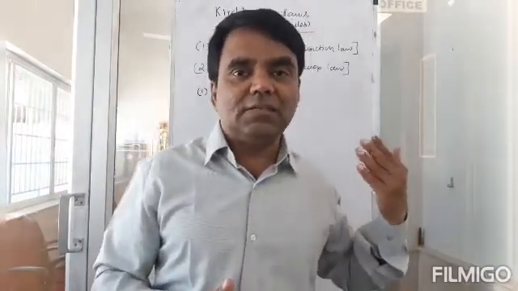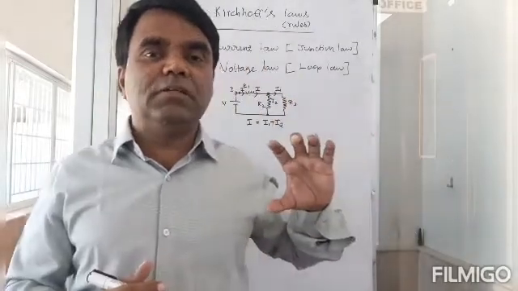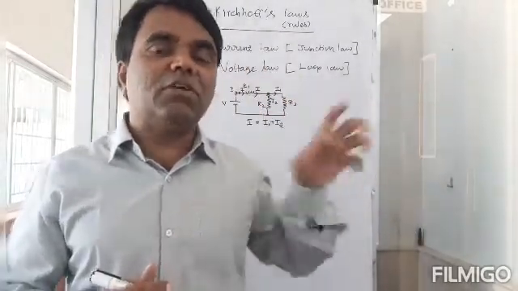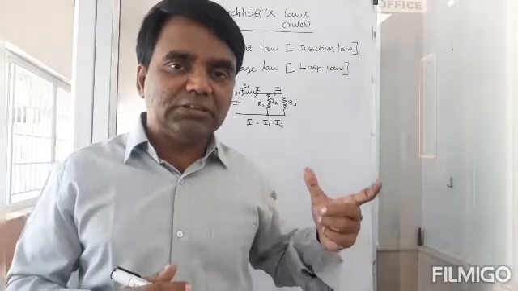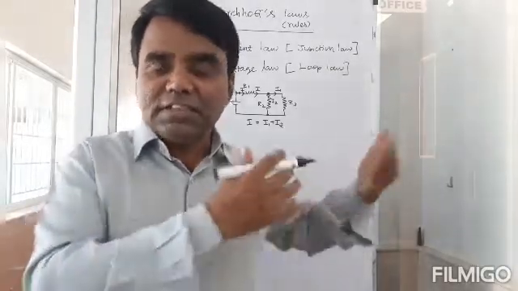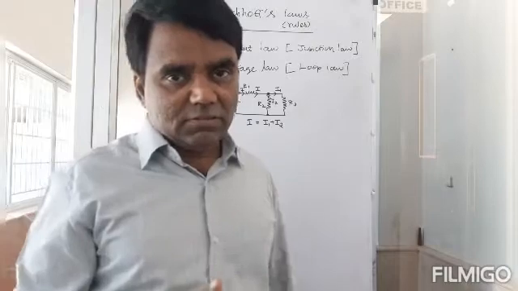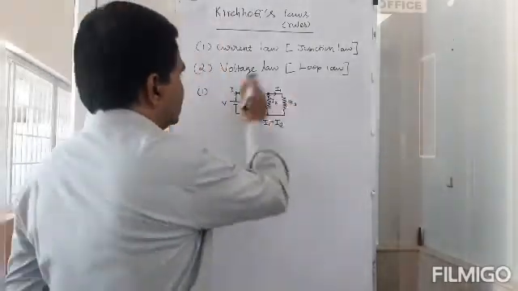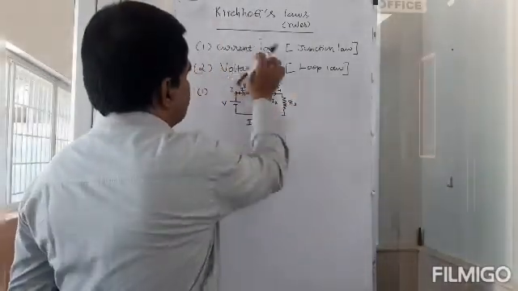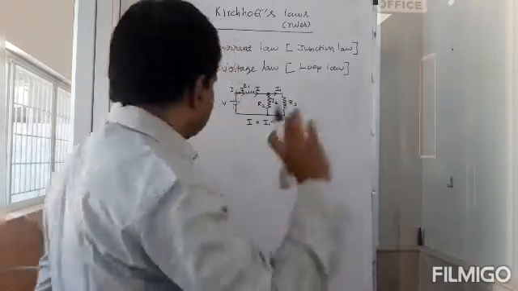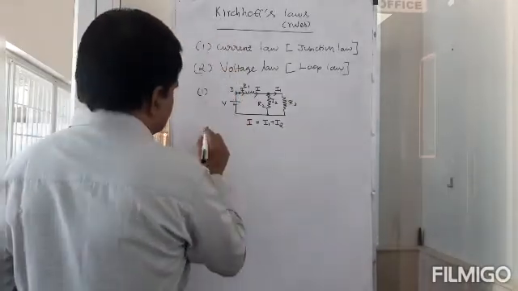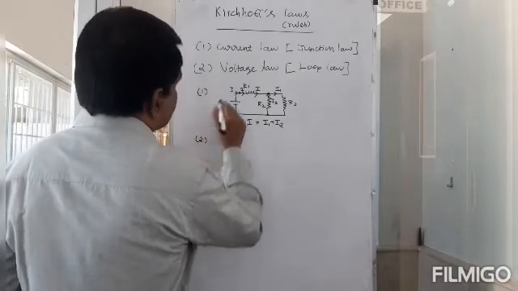So this law is the law of conservation of electric charge, in a different form. Okay. So it is such a simple law. So that's your current law. Then the second law. So that's the voltage law.